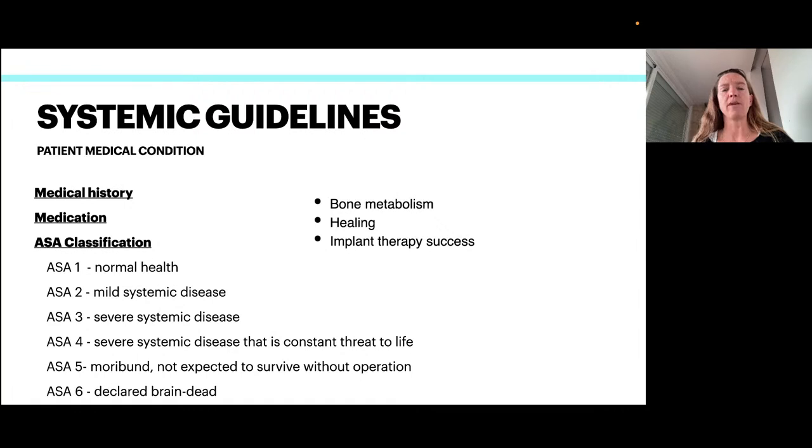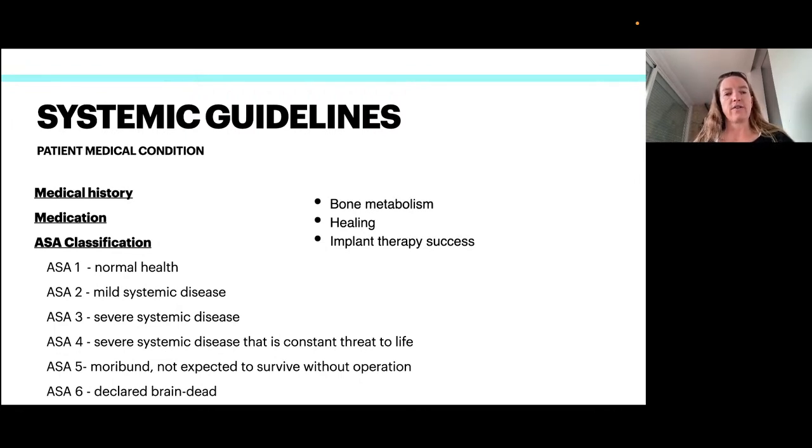If you have to stop any medication, if you have to wait a little bit more in terms of controlling your patient, well, basically this is something that you have to be aware of before the surgery and talk to the physician of your patient.